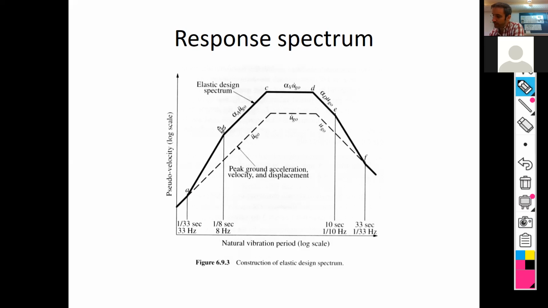The values A, B, C, D, E, and F are given, but then the values of alpha A, alpha B, and alpha D will be different for each region.